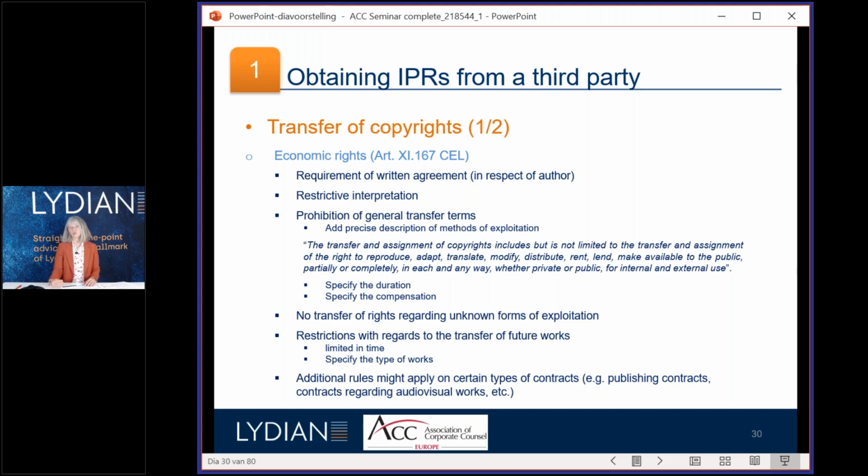So you have to make sure that it's provided in your agreement. And also you have to provide a specific compensation for each form of exploitation. So it's quite important to provide that in great detail in your agreement, and specific also to the type of work.